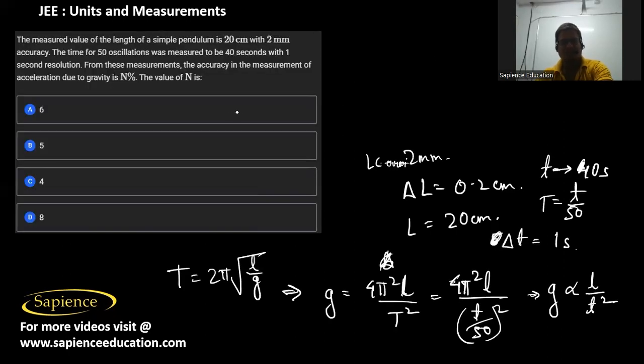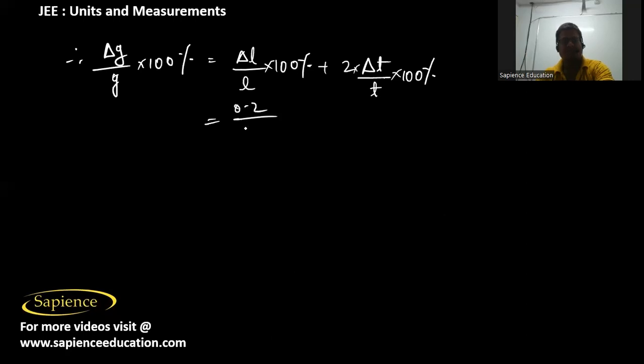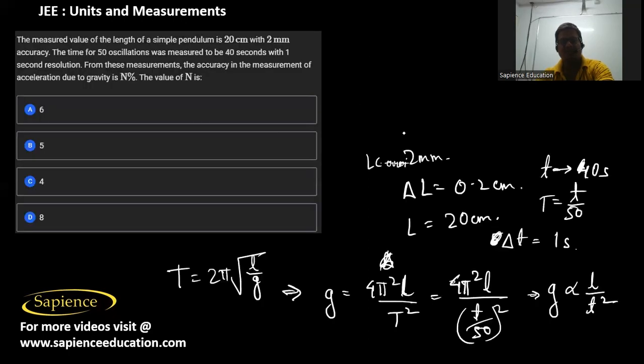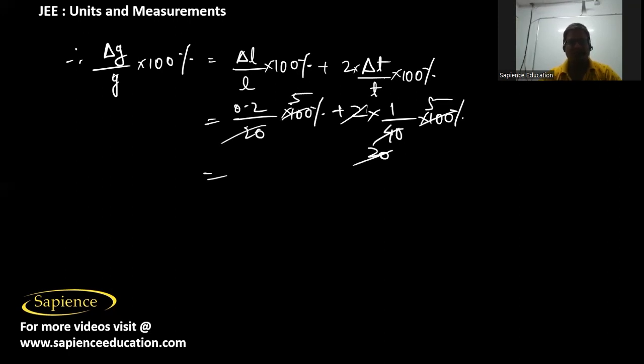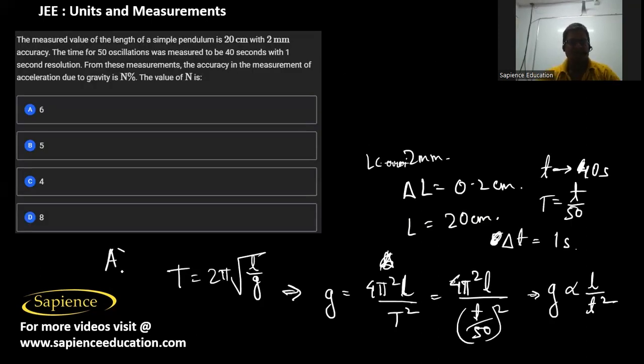So this will be equal to delta L, that is 0.2 by 20 into 100%, plus 2 into delta T, which is 1 second, 1 by T, which is 40, into 100%. So 0.2 by 20 is 1%, and 2 into 1 by 40 into 100 is 5%. So 1% plus 5% is 6%. So n equals 6. Option A is the correct answer.